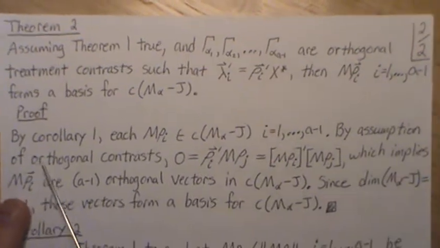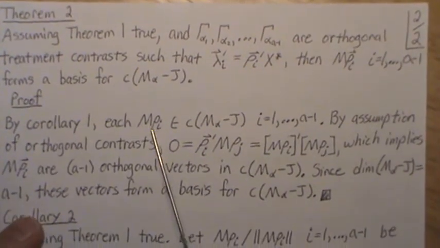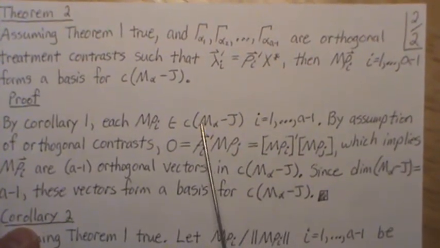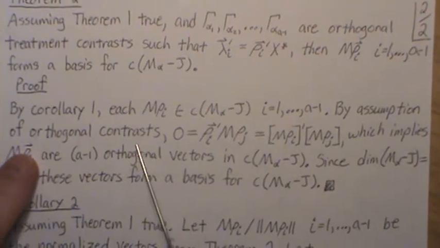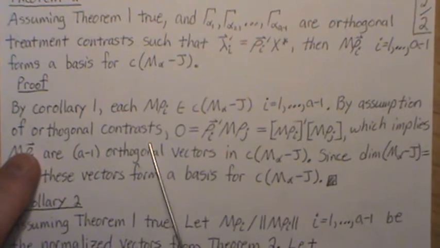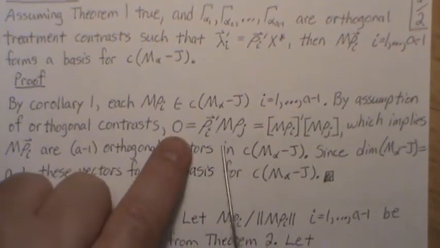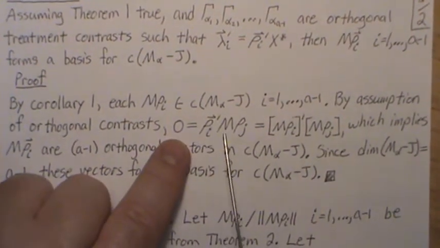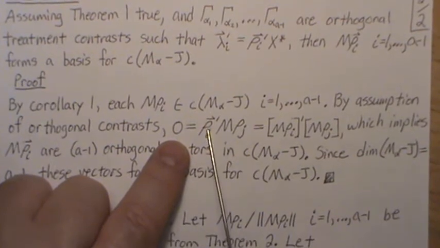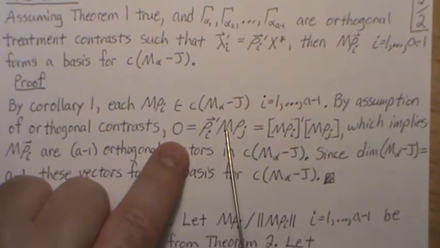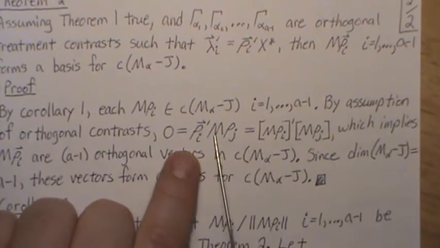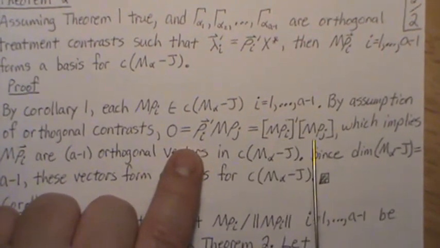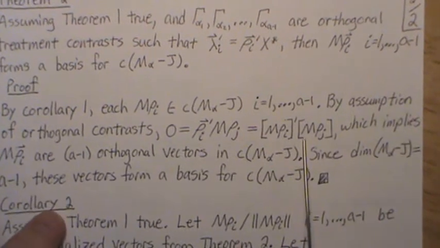I'm jumping ahead. So now by corollary 1, each M rho I is part of this column space. Now by assumption of orthogonal contrast, this is 0, rho I M rho J, but M is idempotent, so you can multiply it and then break it into two pieces, untranspose it, and we get this, right?